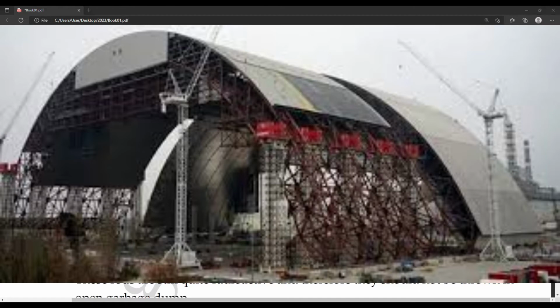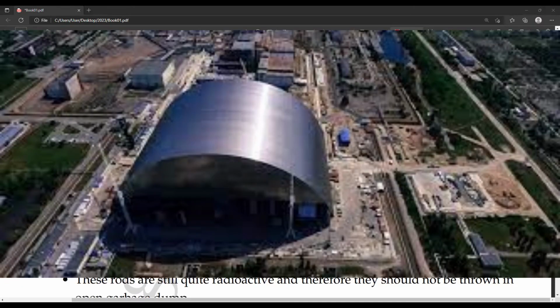Shell, as in an artificial structure, has been made so that it covers the plant. The whole thing was made later on so that it covers the part where the reactor was. Inside this, there is a big hole where the power reactor was present, and the area is still contaminated.